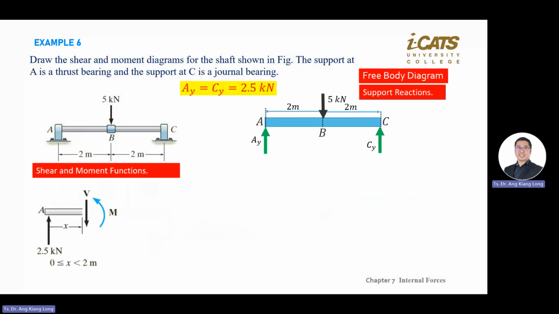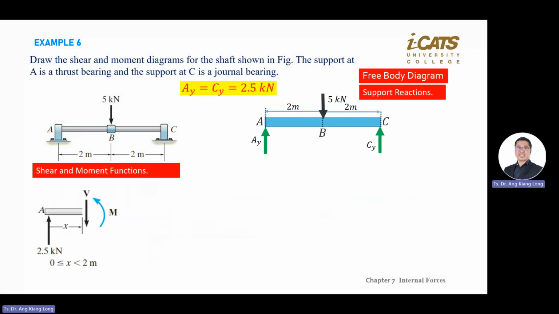Unless the question asks you to do analysis on the internal forces, then you need to draw an N normal force here. You need to be sure when you need to put it and when you don't. That is important.